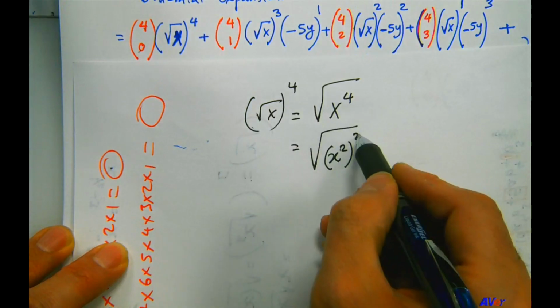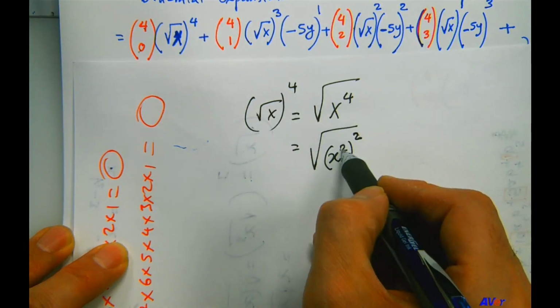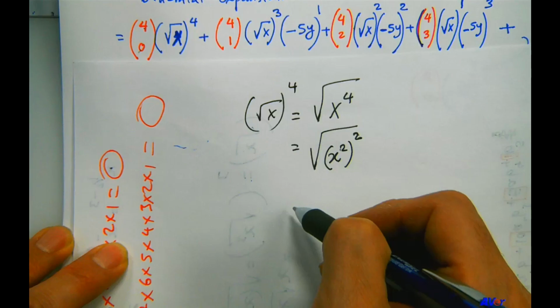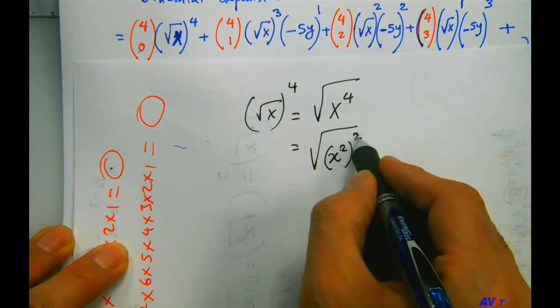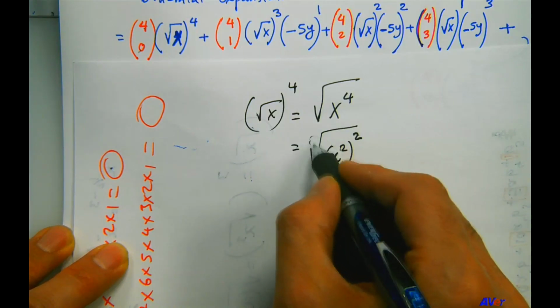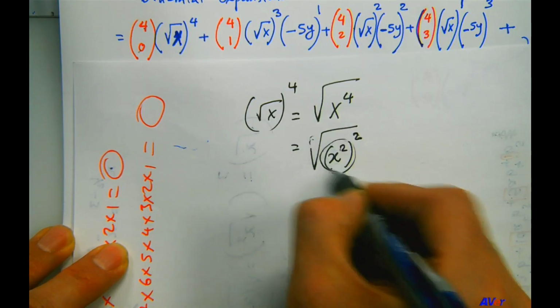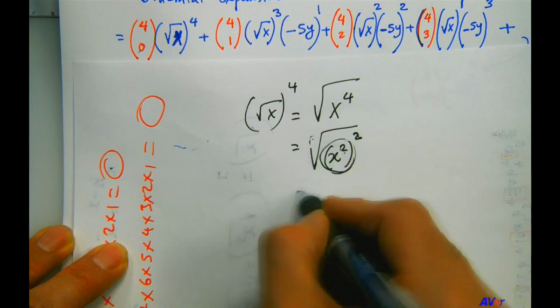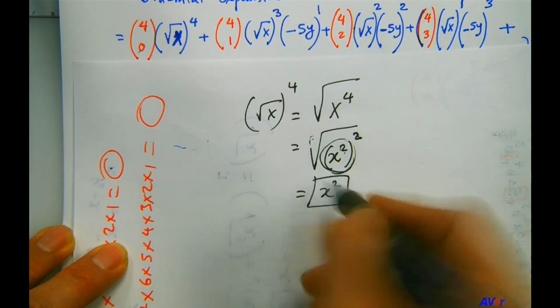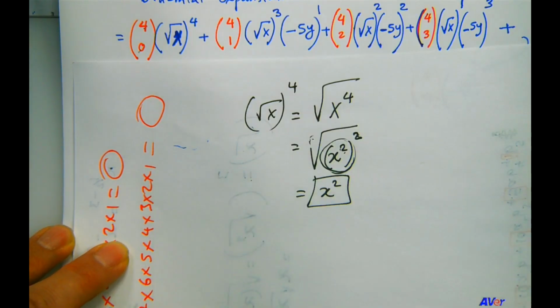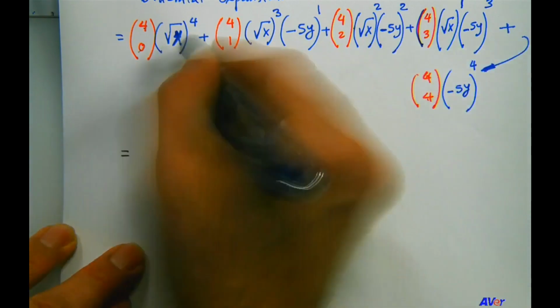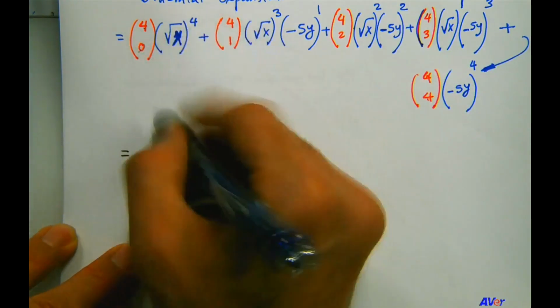The outside power always multiplies itself by the inside power. But this 2 and this index, which is missing, which means it's 2, are equal. So this term that is being squared can leave the radical. There, x squared.